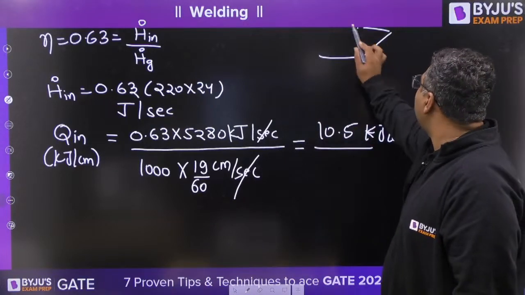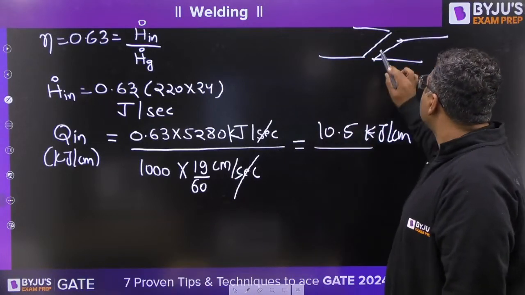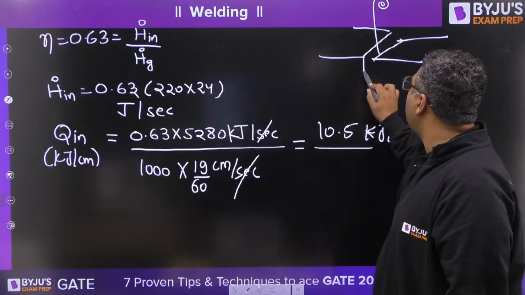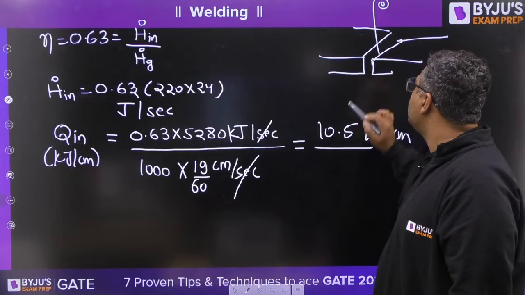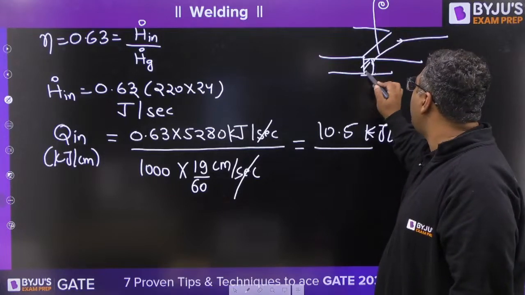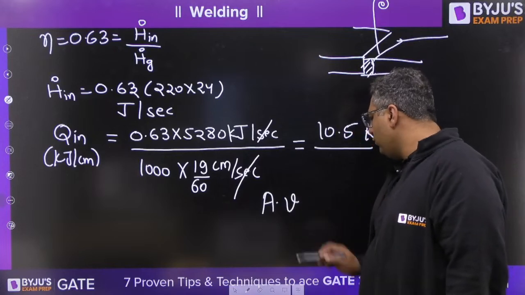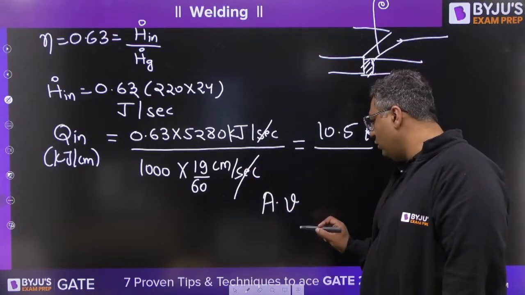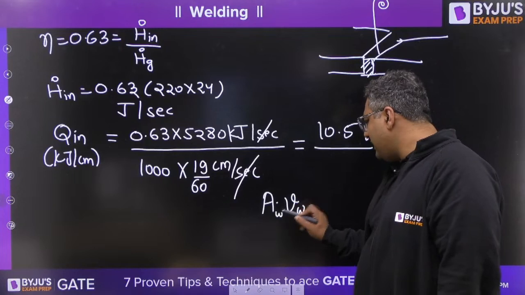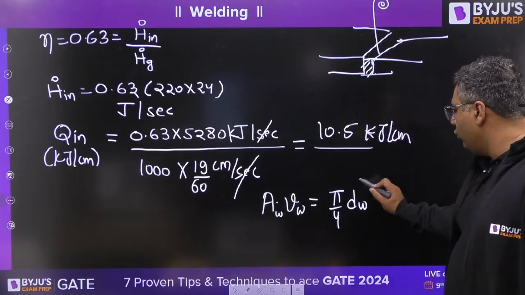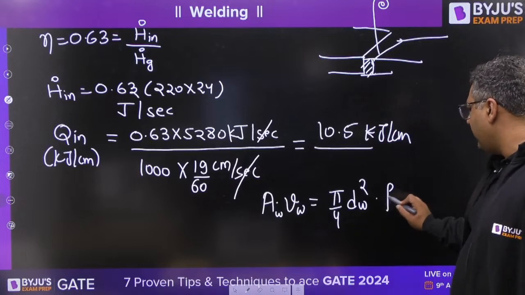Now, when the welding is going to take place, like this is plate 1, this is plate 2, obviously some wire is getting melted. This wire is going to fill the weld bead. If this is the area of weld bead, we can write area of weld bead into velocity of welding. That can be equated as pi by 4 dw, wire diameter square, into feed rate.